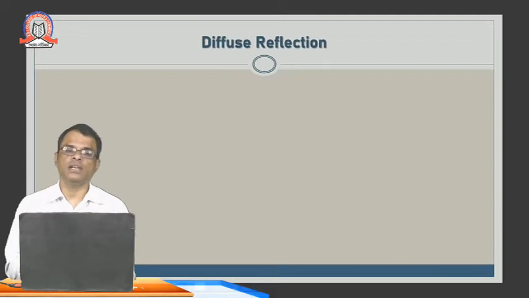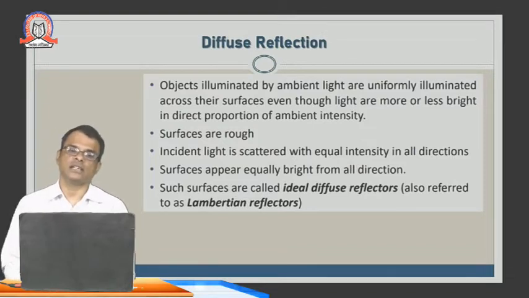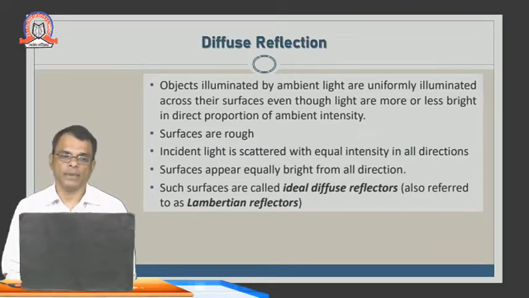Then the second one is diffuse reflection. Objects illuminated by ambient light are uniformly illuminated across their surface, even though the light may be more or less bright, in direct proportion to the ambient intensity. Surfaces are rough. Incident light is scattered with equal intensity in all directions.